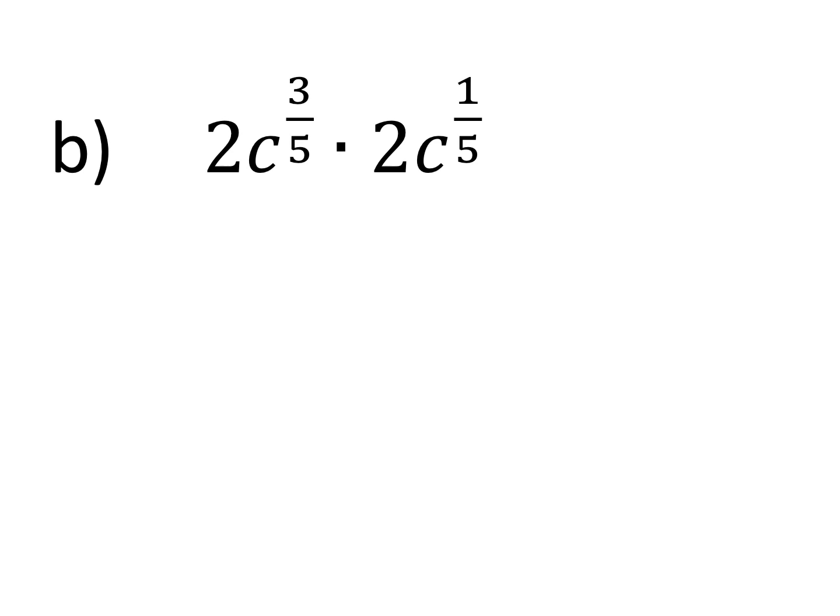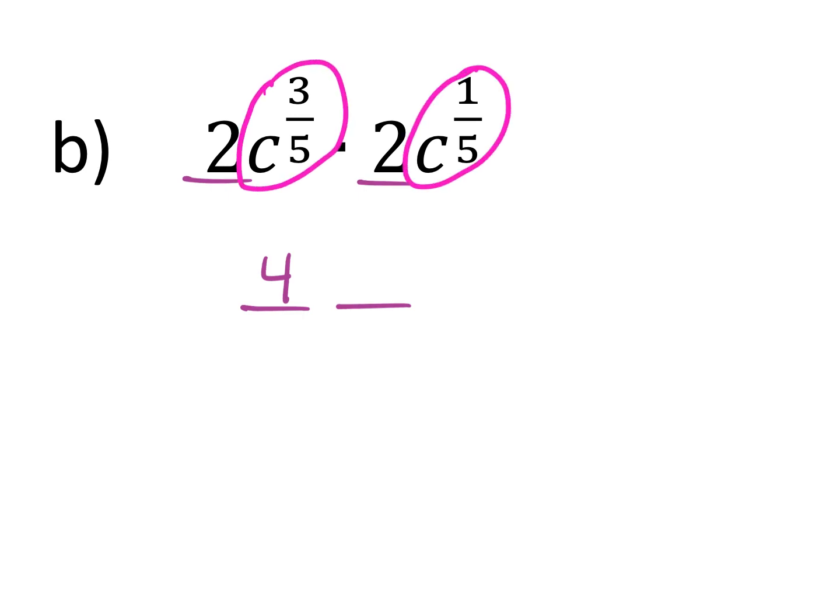Okay, who has an answer for me? There's two parts to this. There's a number and there's a variable. Anyone know the number? It's a 4. You're going 2 times 2 is 4. Okay, how do you simplify c to the 3/5 times c to the 1/5?